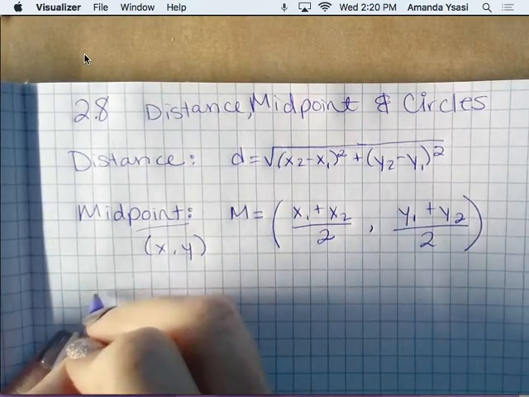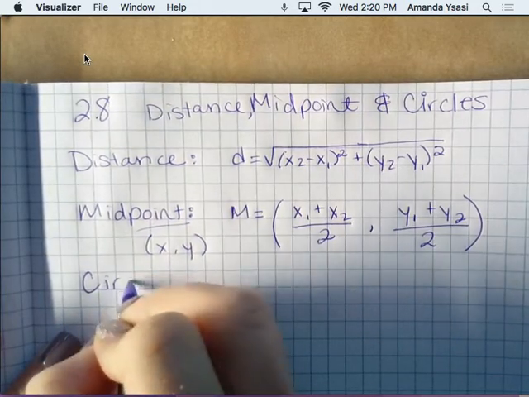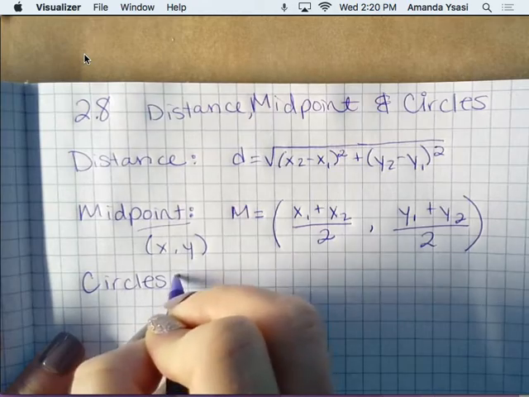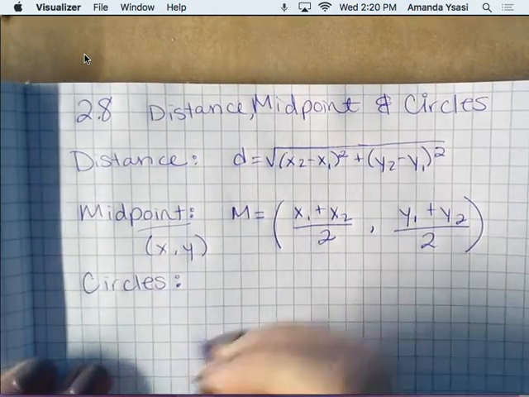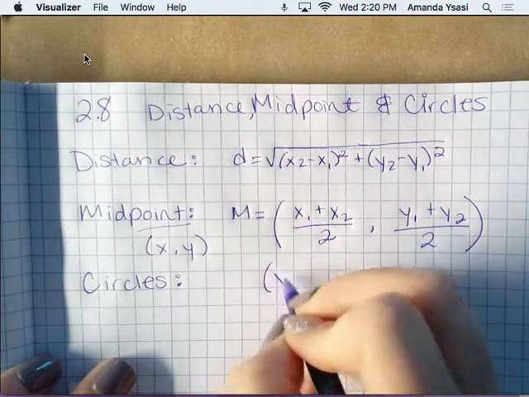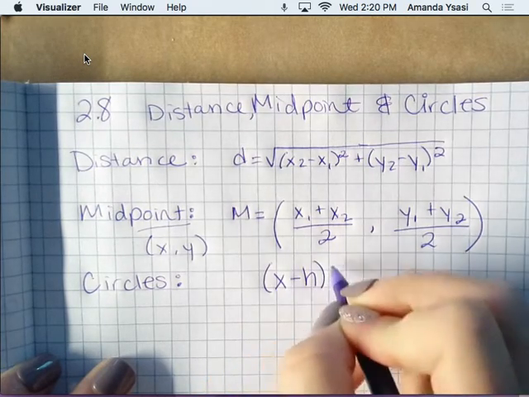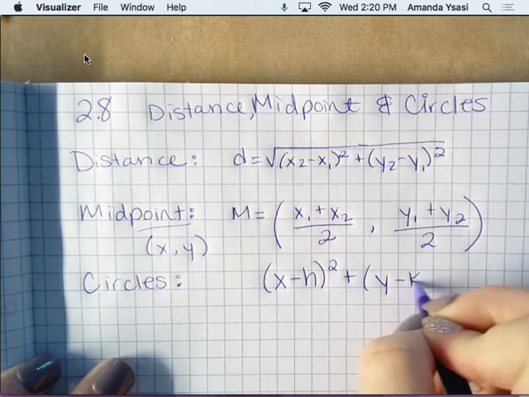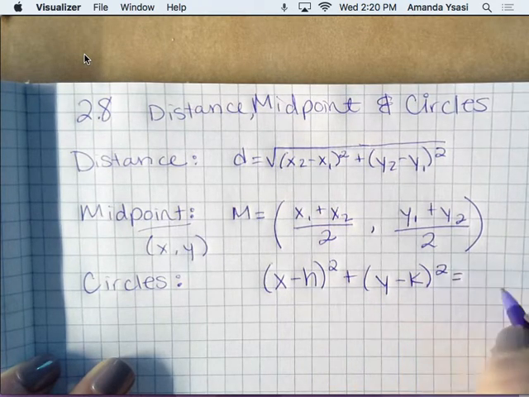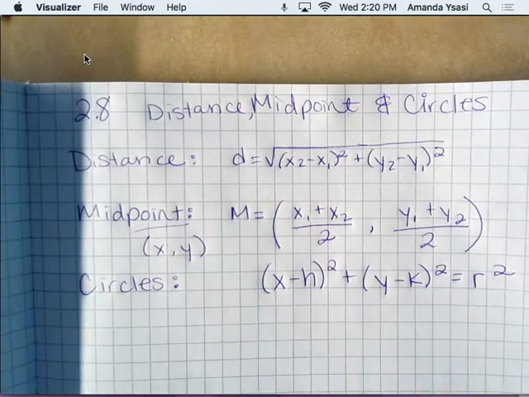Okay, and then the formula for circles is x minus h squared plus y minus k squared equals radius squared.